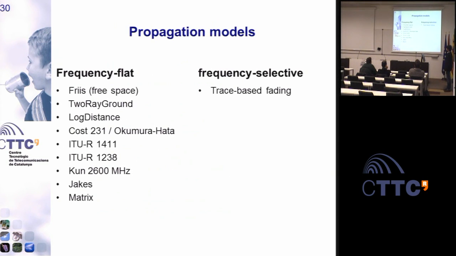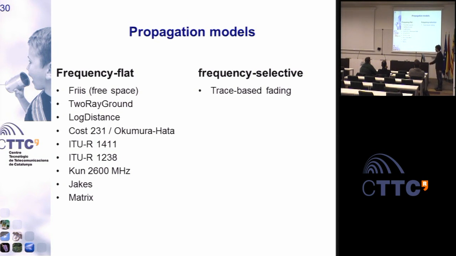Here is a list of the propagation models that are available within ns-3. On the left-hand side you can see frequency flat models, which means that for every transmission it is assumed that there is just one path loss value, one attenuation value that is evaluated. In the majority of cases, this is the path loss. All these models here are path loss models, but there is also a fading model that works with just a single frequency, and it's an implementation of Jakes' model.